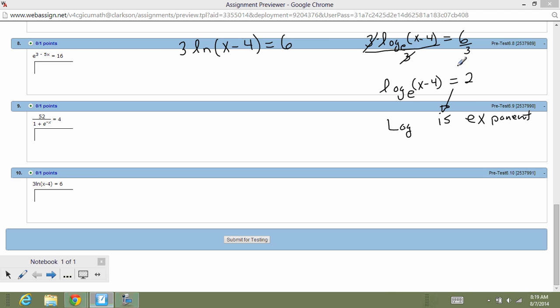And I'm just saying that to remind you that this 2 right here is an exponent. That's a power. What is it a power of? What's the base? Well, the base is that e right there. And that is x minus 4.